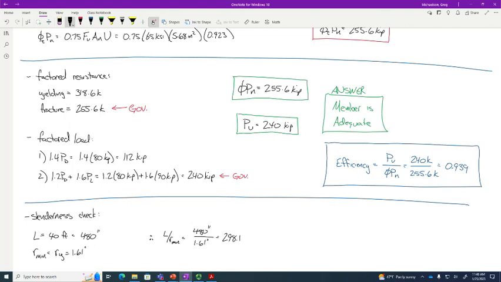Barely, but it meets it, right? So what we'll say is member meets slenderness limits.